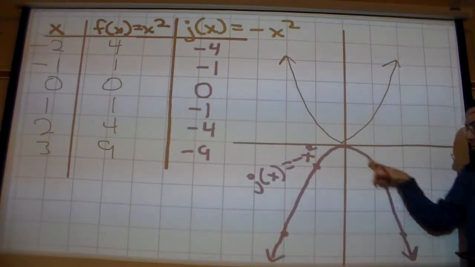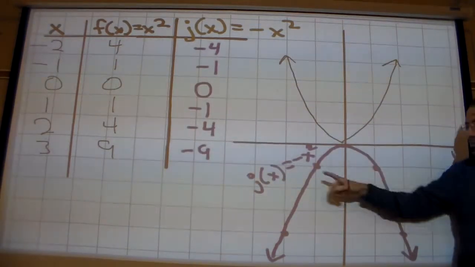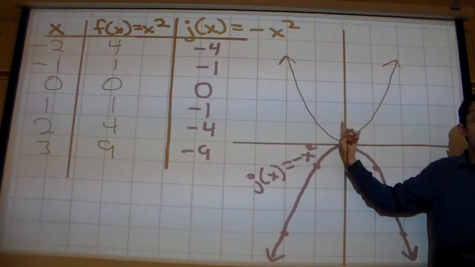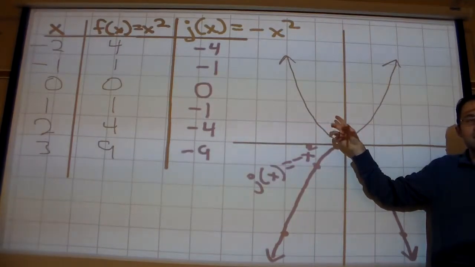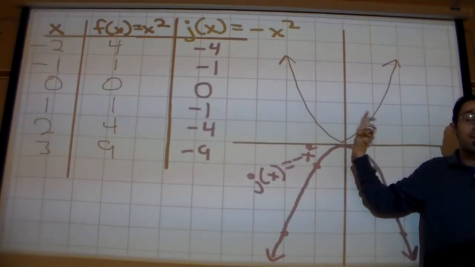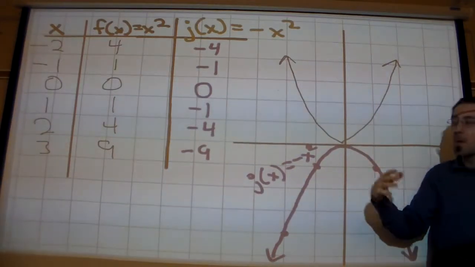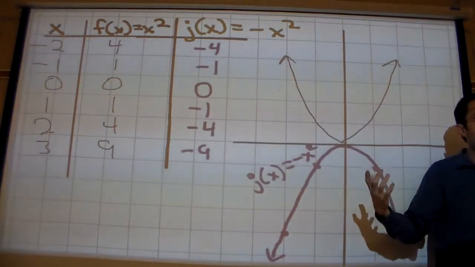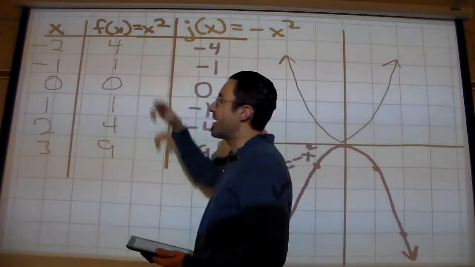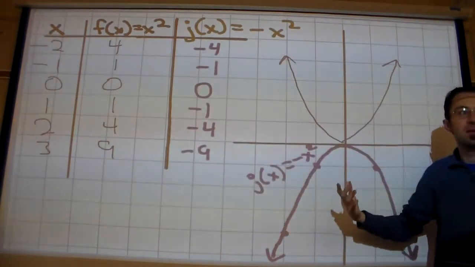Okay? It's sad. It's a frowny face, because it's negative. This one's happy, it's a smiley face, because it's positive. The value you have in front is going to tell you which way it's going to face, up or down. Most of them open up, because most of the time we get a positive value out in front.